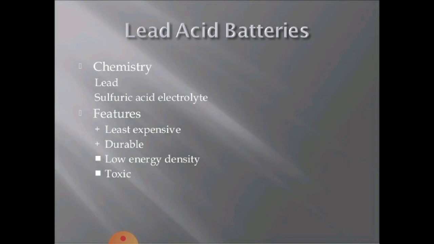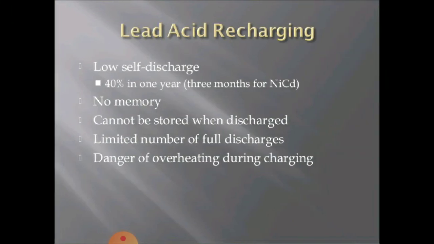The features of lead acid batteries: they are least expensive compared to other batteries, they have a longer life, that is, they are durable, they have low energy density, and the toxicity emitted by this battery is very low. They also have low self discharge, but they cannot be stored when discharged.